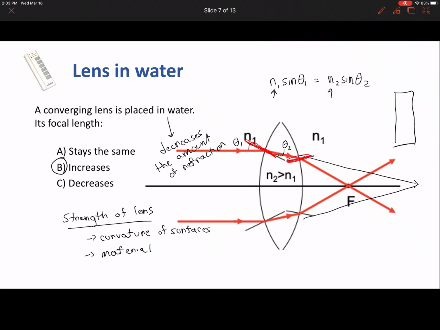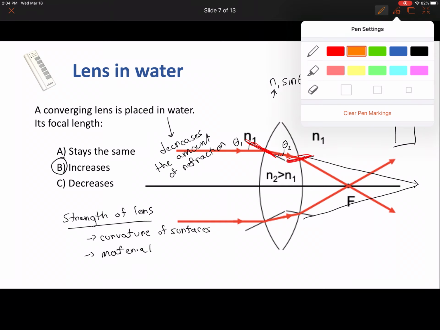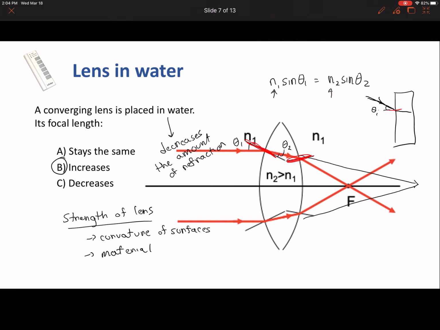So if we had just a flat slab of glass, and I had light coming in like this, I should try to draw that a little bit better. So I have light coming in like this. Here's my angle of incidence. Let's say it's made of glass, and so the angle of refraction is going to be smaller. It's going to get bent like that toward the normal inside the lens.